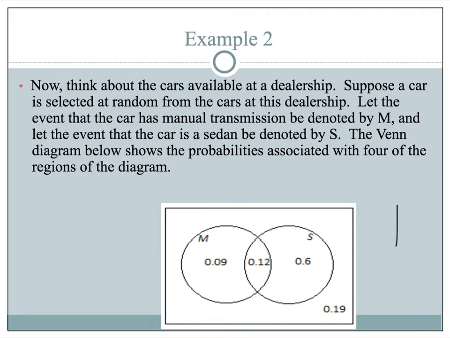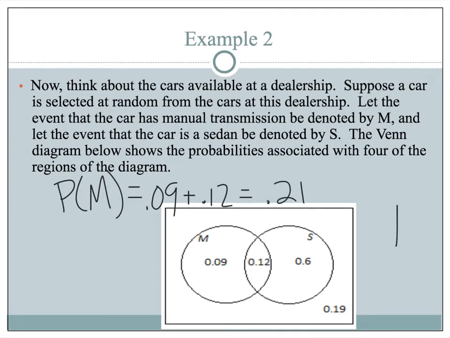So if I said, what's the probability of selecting a manual car? Well, a manual car has a probability of 0.09, but a manual sedan has a probability of 0.12. Therefore, I have a total probability of 0.21.